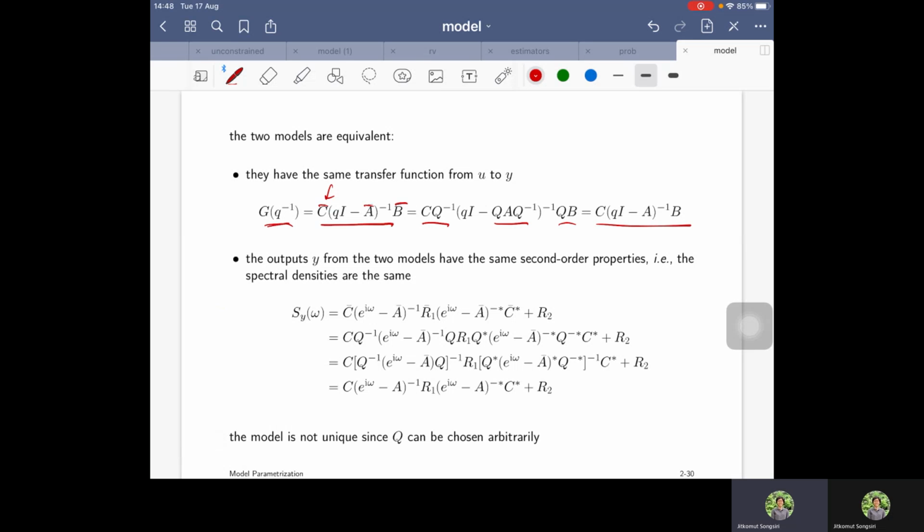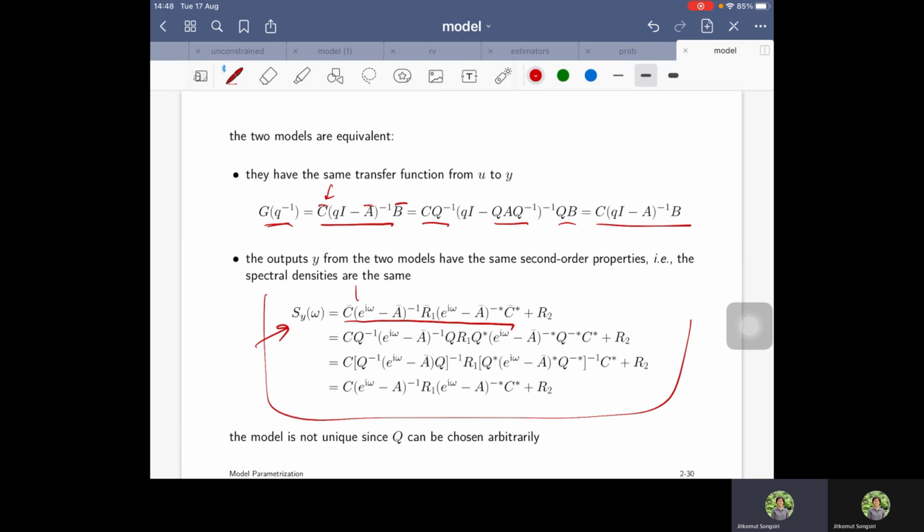You can also look at the second order property. Remember that you can derive the spectrum by using the property that we know, which is the transfer function.